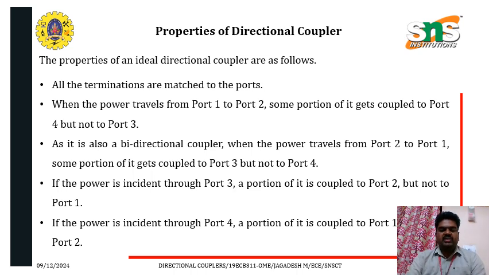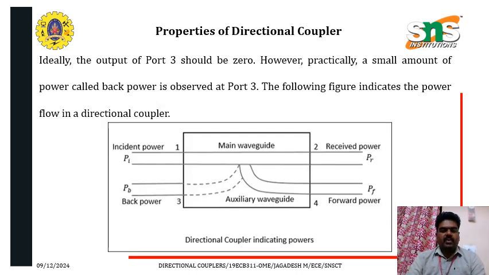If the power is incident through port 3, a portion of it is coupled to port 2 but not to port 1. If the power is incident through port 4, a portion of it is coupled to port 1, not port 2. Ideally, the output of port 3 should be 0. However, practically a small amount of power, called back power, is observed at port 3.